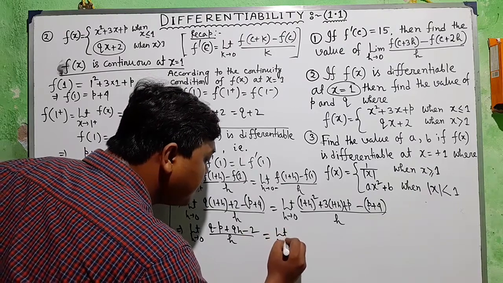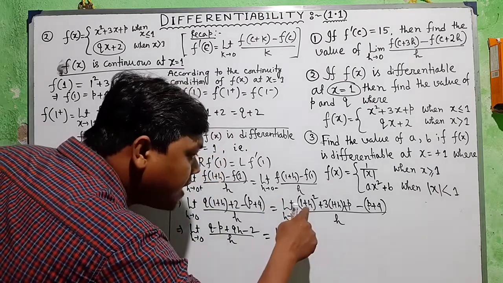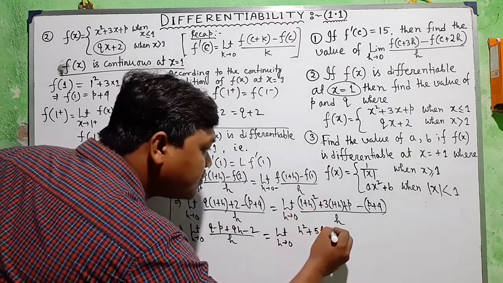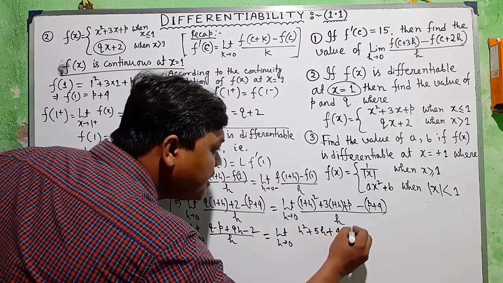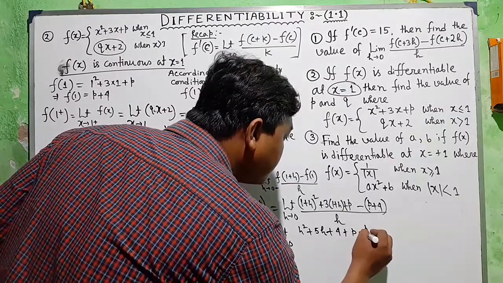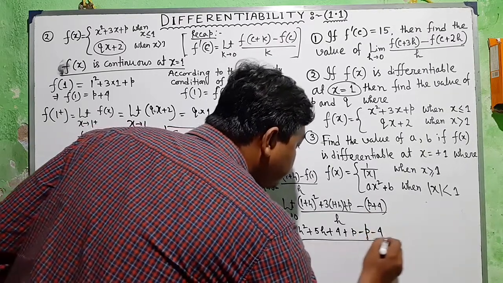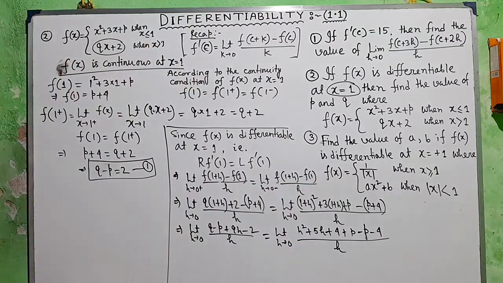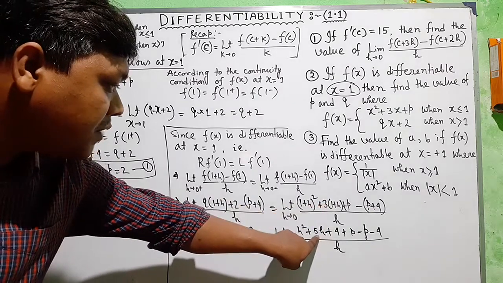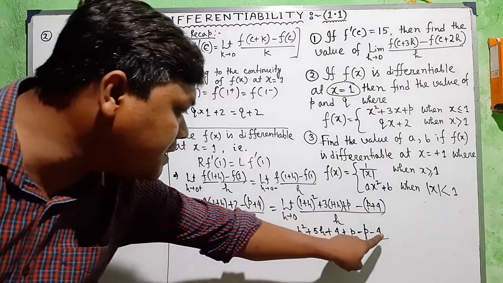Limit h tends to 0, this is h square plus 2h and 3h, that is 5h, plus 3 plus 1, that is 4, plus p, okay, plus p minus p minus p minus 4 by h. Alright, just simplify here. Here h square plus 2h will be there, I wrote h square, 2h plus 3h, that is 5h, 3 into 1, that is 3, plus 1, 4, and p minus p, 4.